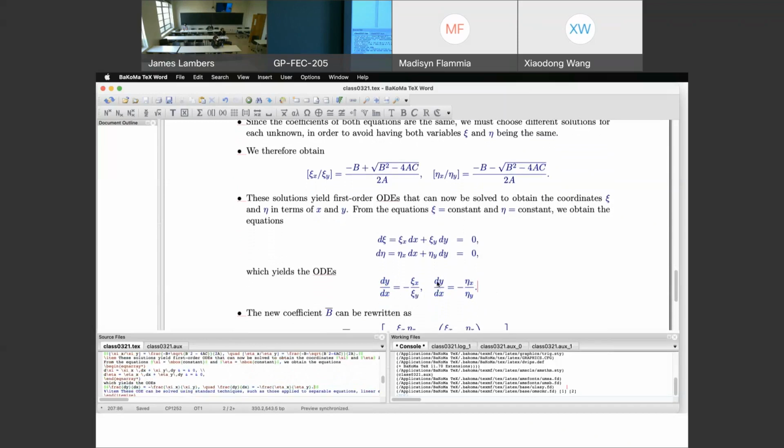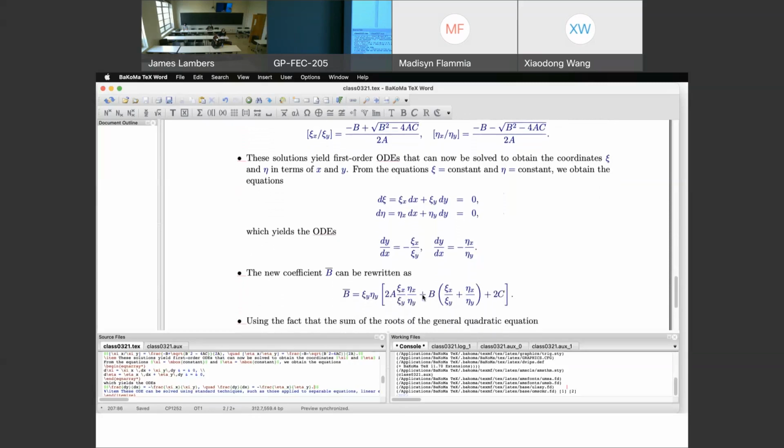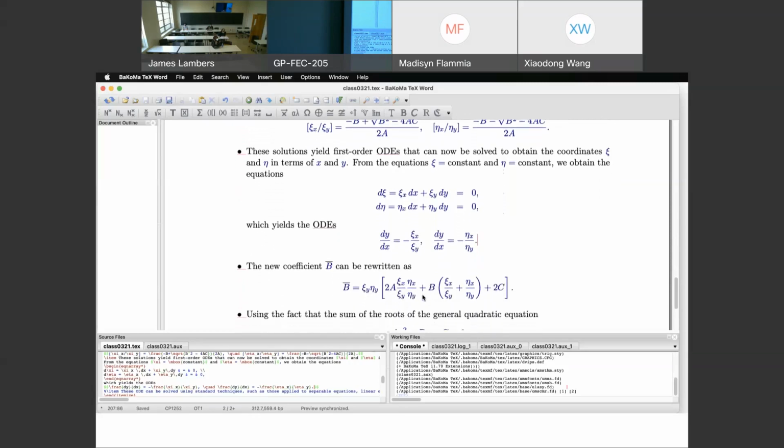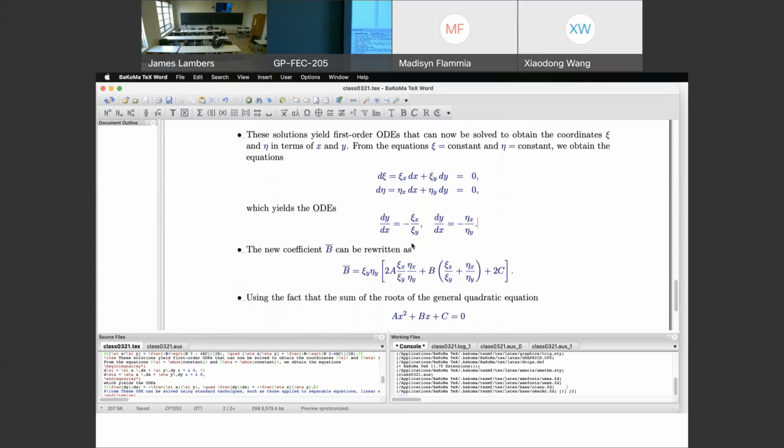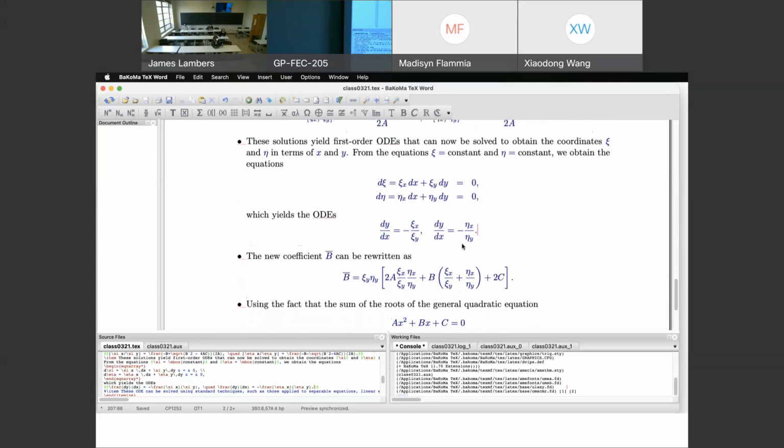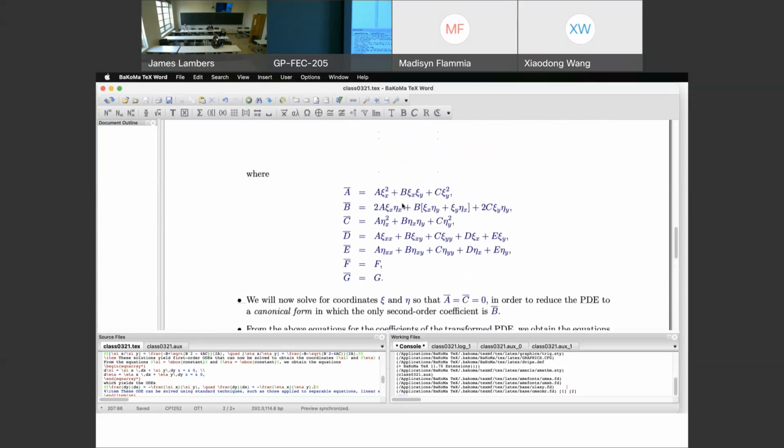So what we can then do is solve these ODEs. And then we'd like to see what the new coefficient b bar would be. Now, if I go back to the formula for b bar that we saw before, here it is. What I'm going to do is factor out xi y and eta y.